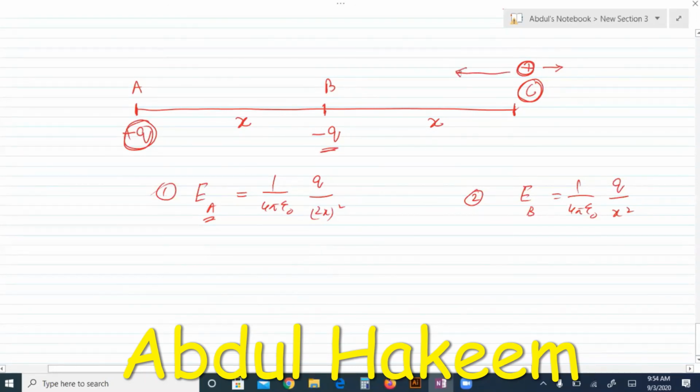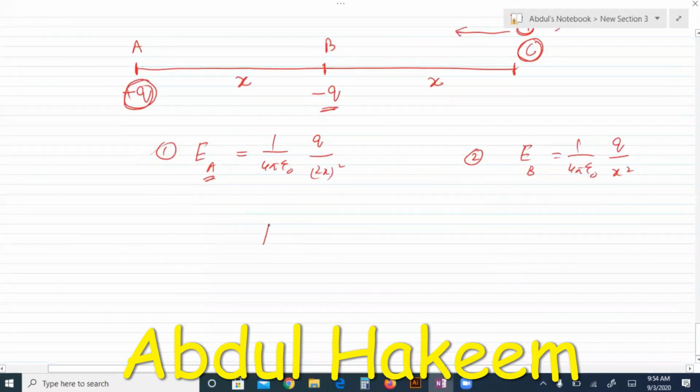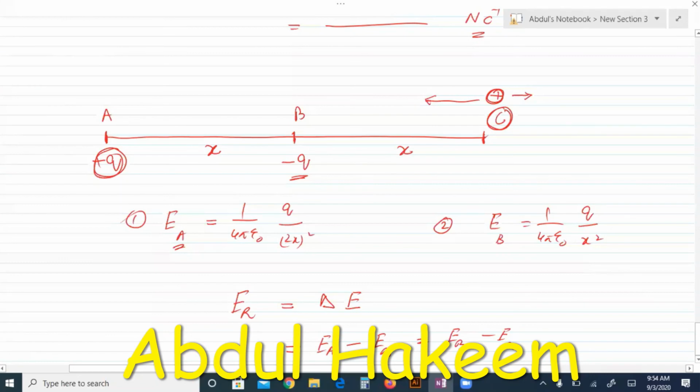So both forces are in the opposite direction. So the resultant is equal to the difference of both E's. Meaning we will write either EA minus EB or EB minus EA. So it's a vector. So we will decide addition or subtraction by placing the test charge at that point.